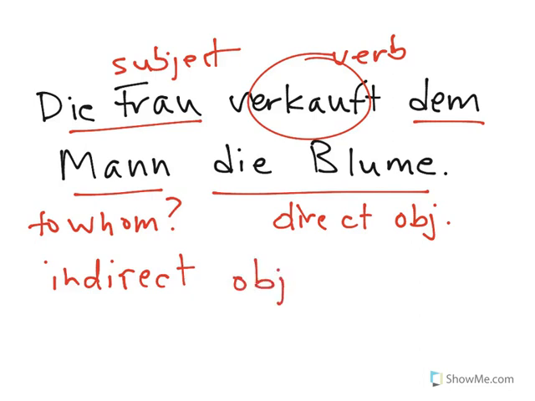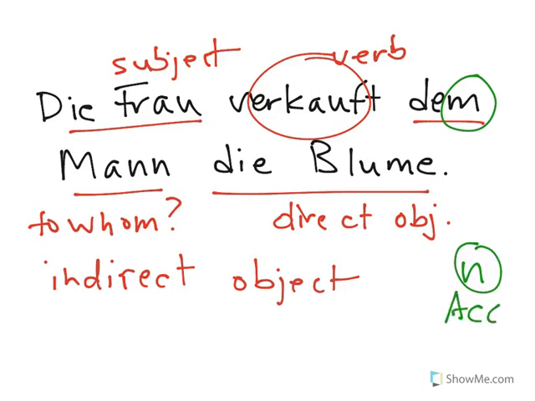And for that, as I just said, we use the dative case. So to review, use the nominative case to indicate the subject. Use the accusative case to indicate the object or the direct object, and the dative case to indicate the indirect object.